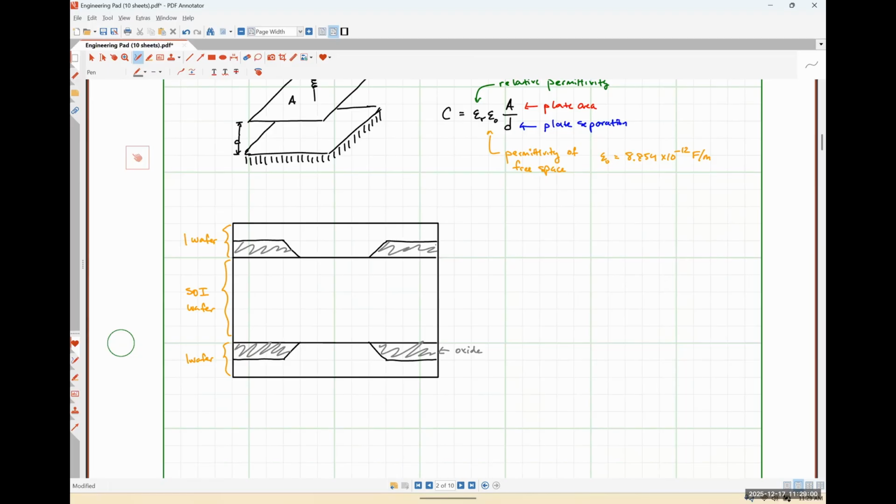So in an SOI wafer, we typically have a thin insulating layer.